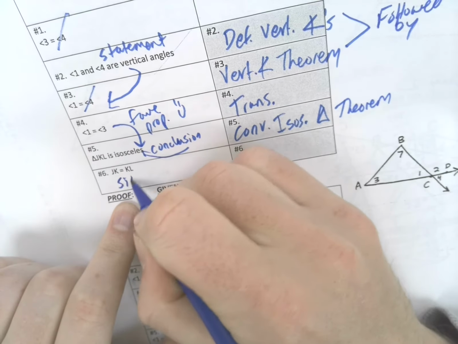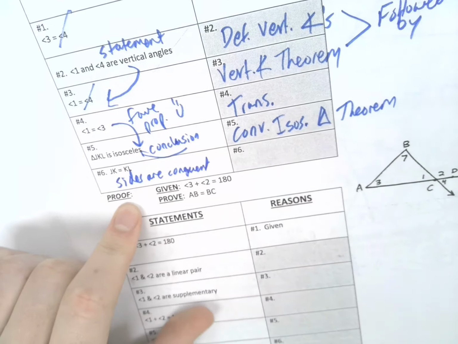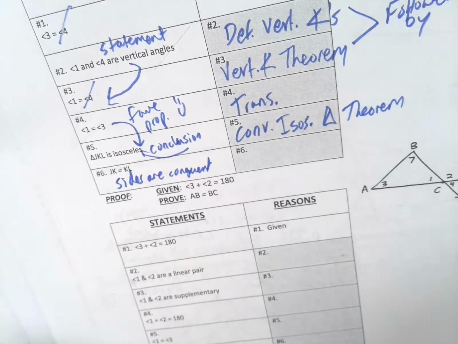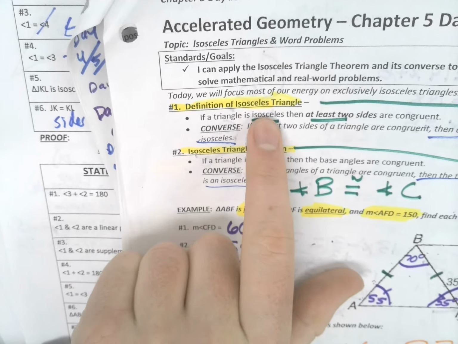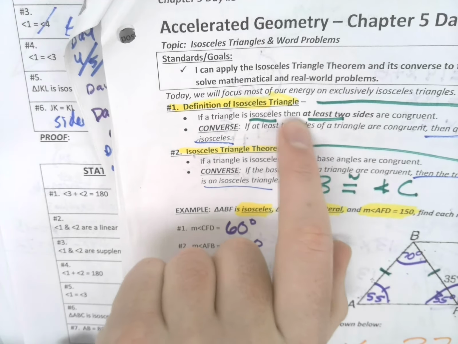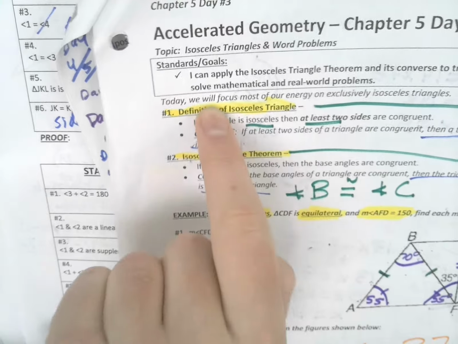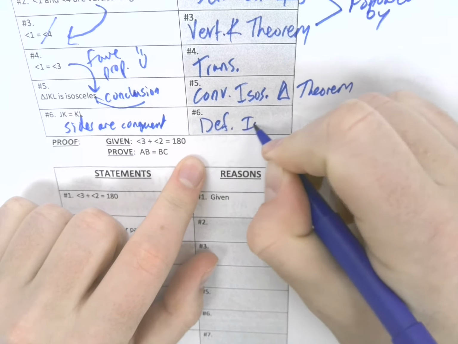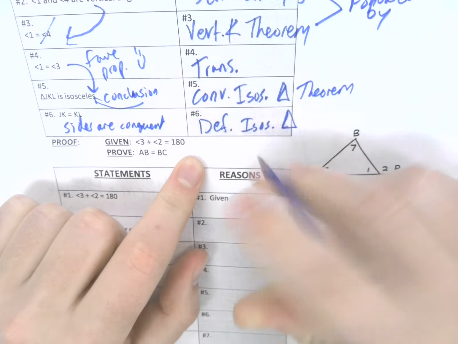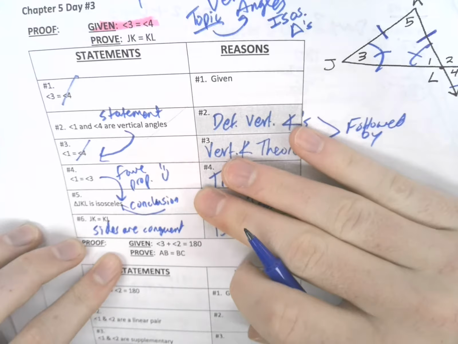So if we got sides are congruent, flash back to our first page, we're talking triangle is isosceles, then at least two sides are congruent. There's our conclusion. That's the definition of isosceles triangle. Whew, that was a good one, guys. That was a very good one.